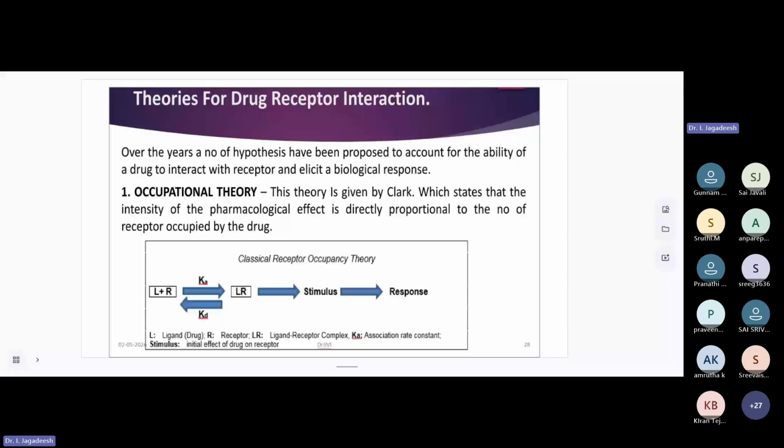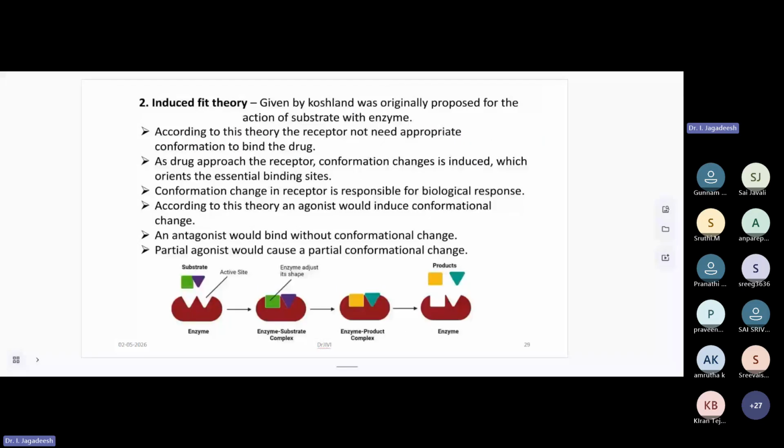Now, the second one is called the induced fit theory. What is the induced fit theory? We know that in crystallography and NMR, whatever we have created to see the internal structure of the protein, to find the primary constraint and secondary constraint, we have taken the pocket as actually not fixed or rigid.